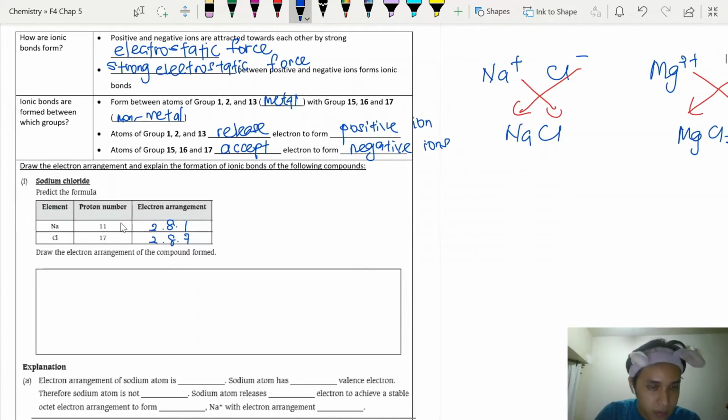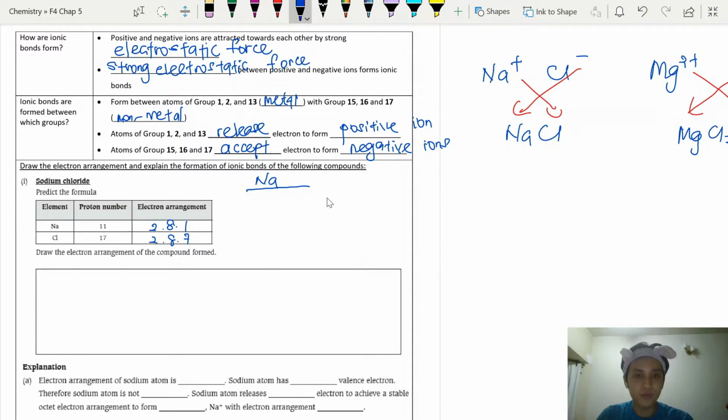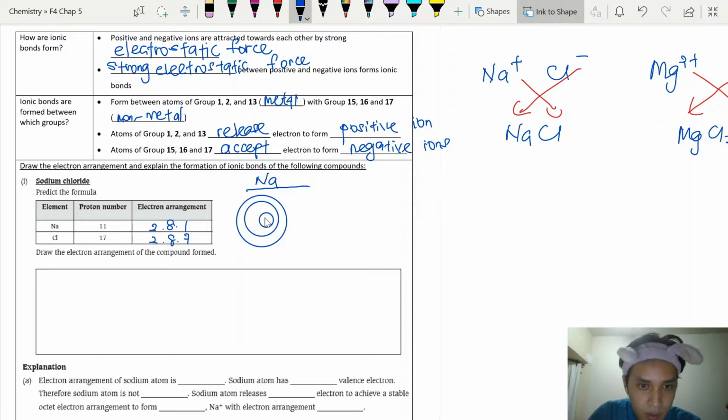First let's look at sodium. Sodium atom. We know they are going to release one electron to form sodium ions. So I'm going to draw this. Sodium: 2, 4, 6, 8, and then 1.